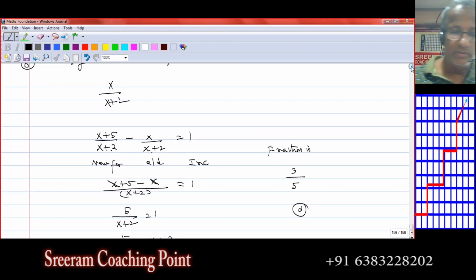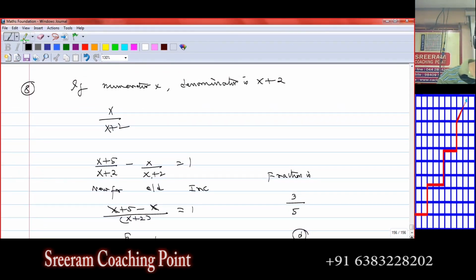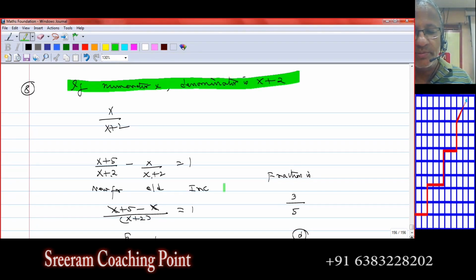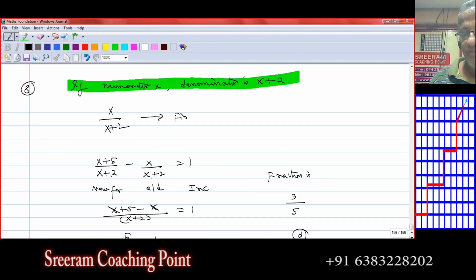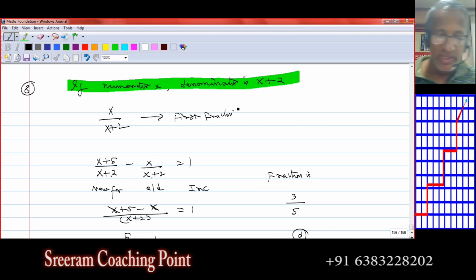I am just trying out the same way. If numerator is x, denominator is x plus 2. This is what we have first taken up, first fraction. Then they say if 5 is added, now this becomes new fraction.